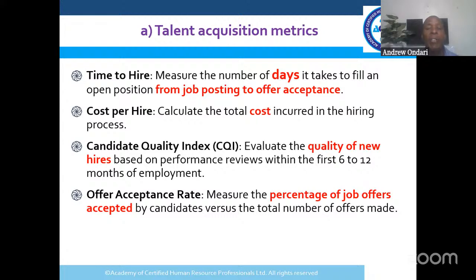Again, depending on the industry in which we belong, whether public or private, the number of days will vary. For some organizations, filling a junior position takes around 20 to 30 days.